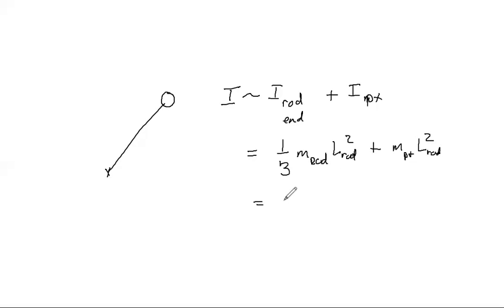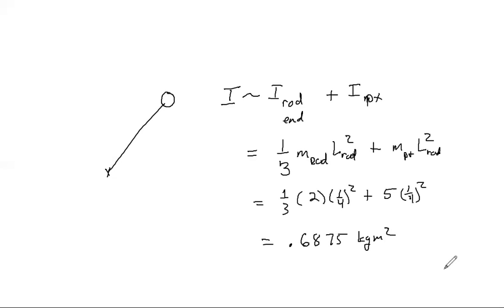Plugging in numbers, this is 1/3 times 2 times 0.25 squared plus 5 times 0.25 squared. And I get a moment of inertia of 0.6875 kilogram meters squared.